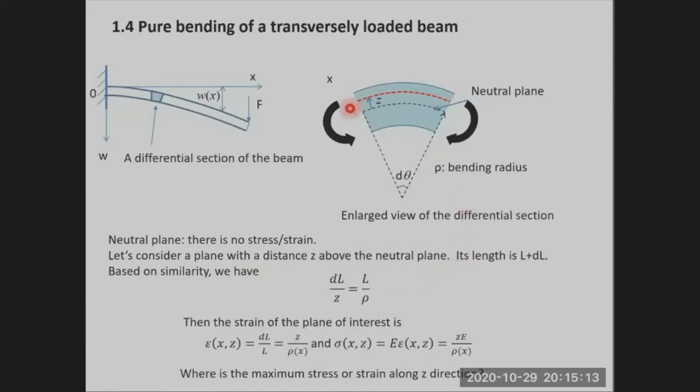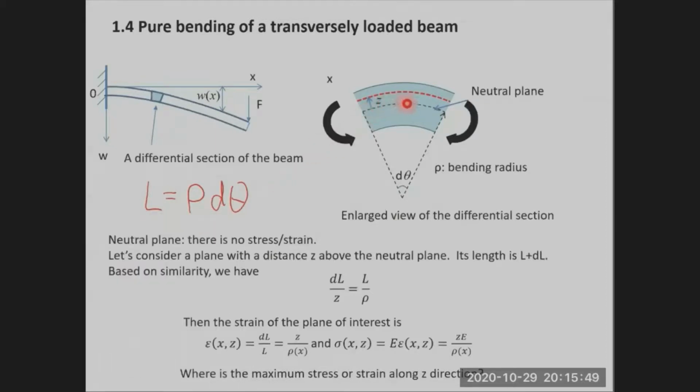And as we just said, the plane above the neutral plane is stretched, so its length is L plus delta L, or L plus dl. Please note that L is the length of this neutral plane.